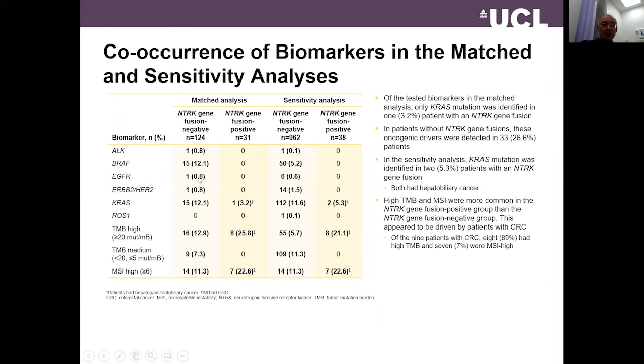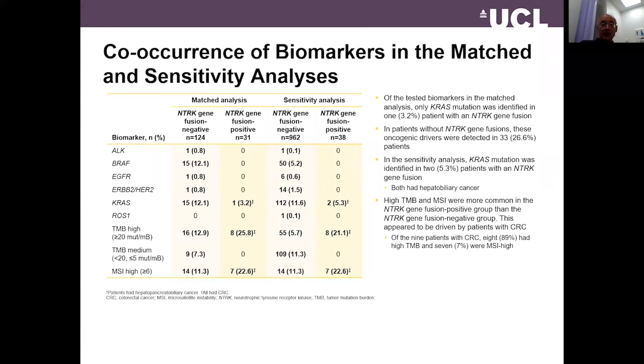And this is pretty much the standard incidence of these abnormalities in the whole population. And you can see that actually it doesn't really happen in the gene fusion positive cohort. This is both in the matched and also the sensitivity analysis, with the exception of perhaps TMB high.